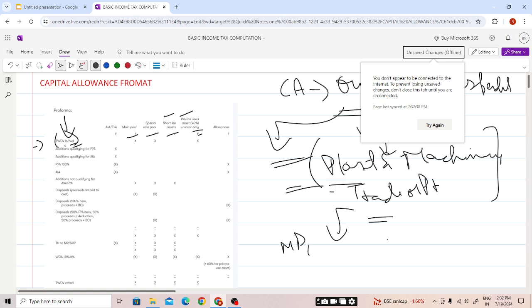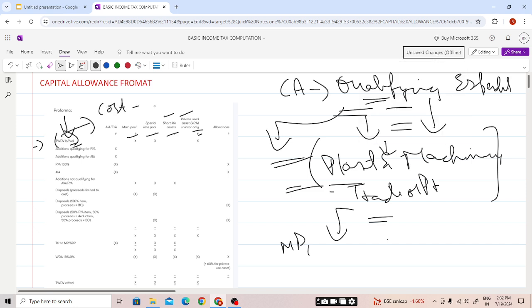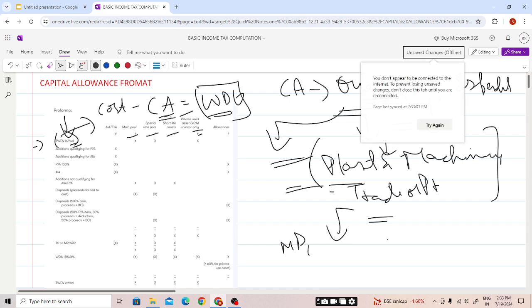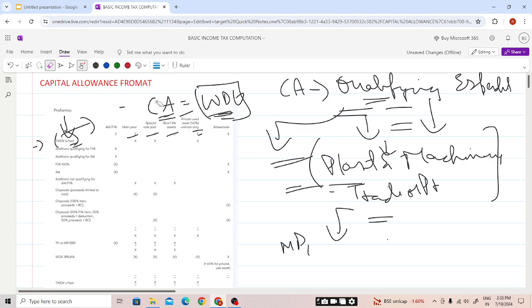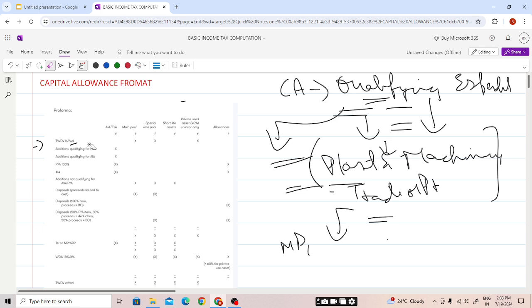So tax written down value means cost of the asset less the capital allowance we have claimed will give rise to the written down value. The value after claiming the capital allowance will be the written down value. So this written down value will always be given in the figures, students, in the examination. The capital allowance figure will always be given in the examination.